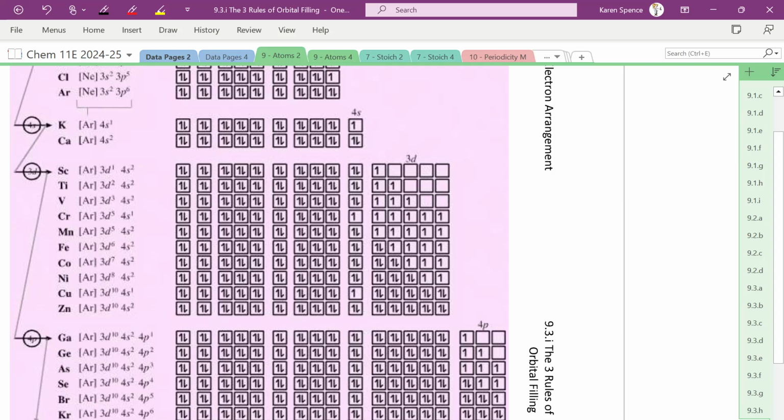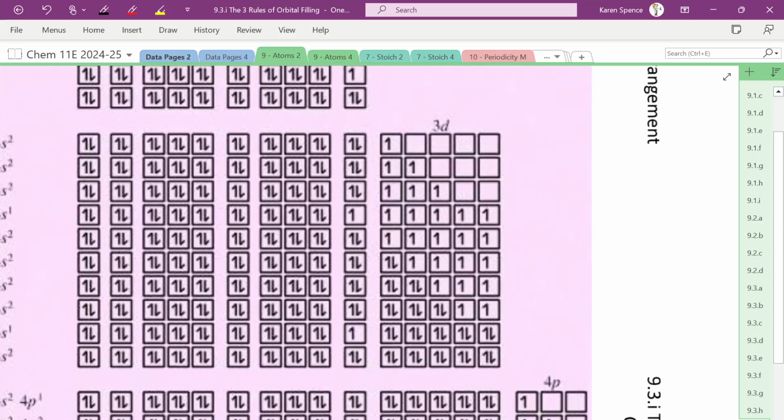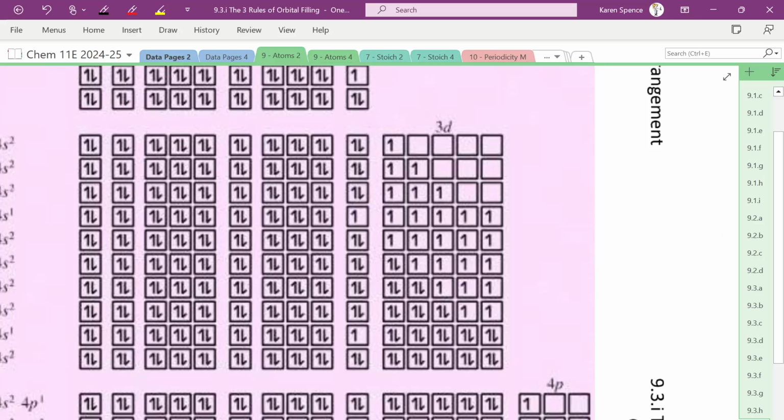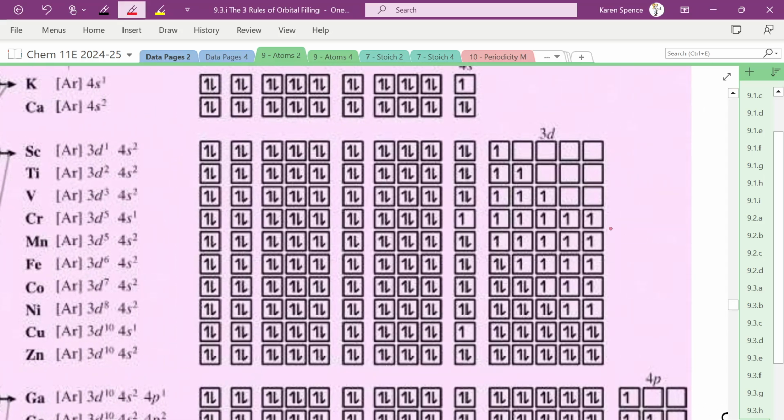Oh, there are a couple of exceptions to the rule that you are not expected to know. Chromium and copper: the way I always learned it is a half-filled d shell is particularly stable, and so one of the electrons will get promoted from the 4s to the 3d.